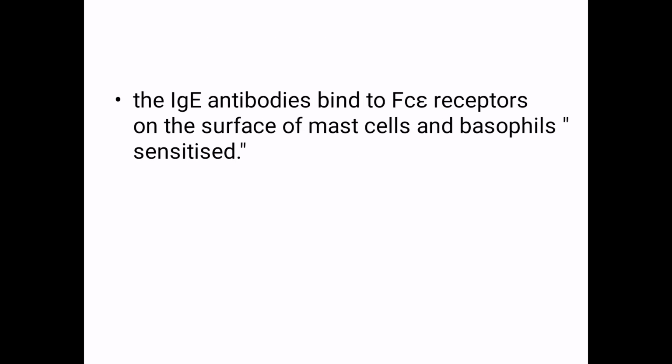IgE antibodies will go and bind to the surface of the mast cell via its receptor, called Fc epsilon. When the IgE binds to the mast cell or basophil, this cell becomes sensitized. We call it a sensitized cell.